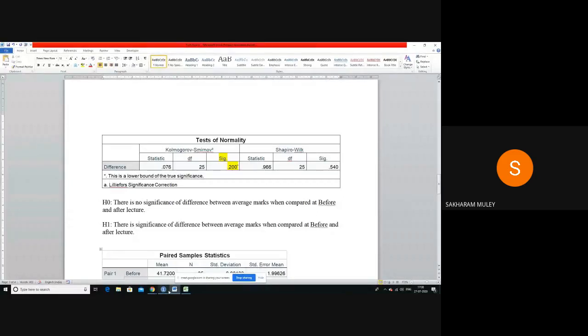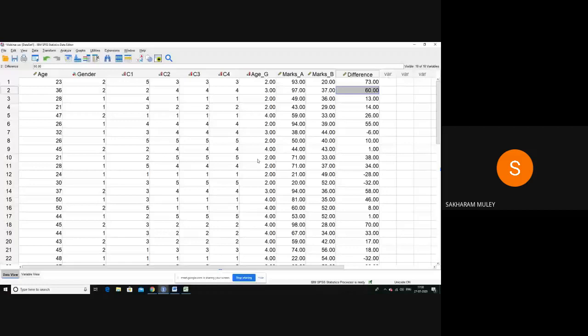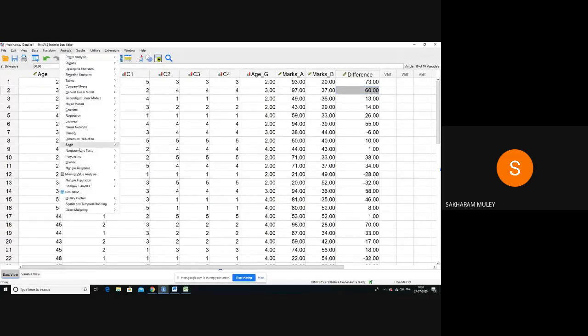Now what if, suppose I am assuming that this data is not normally distributed? Though it's scale data, it is not normally distributed. Then what should I do? In this case, I shift my analysis to non-parametric tests. There are one sample, independent samples, and related samples.